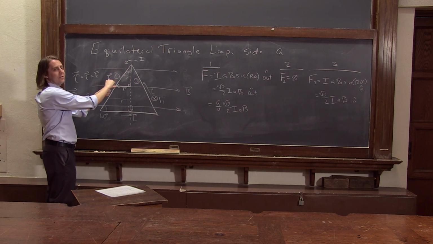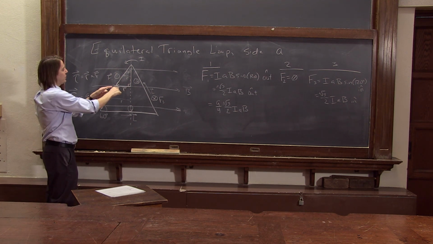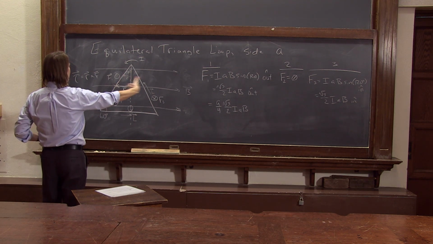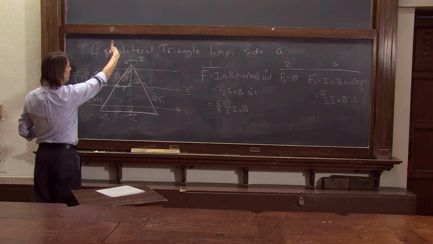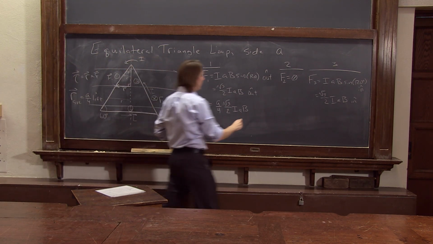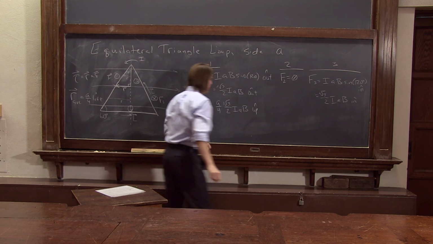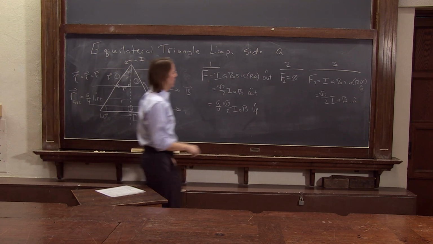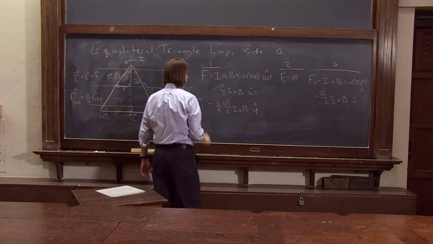Well, that's 90 degrees, so the sine of 90 degrees is 1. These are actually normal vectors. This one is this way, this one is out. So if we have R cross F out, the torque is up. And that makes sense because it spins around the torque. So we don't have to add anything else. The torque is up. So it's A over 4 square root of 3 over 2 iAB up. That's torque 1.